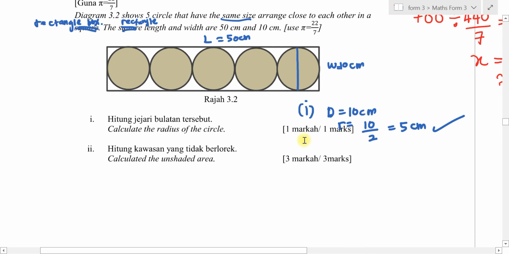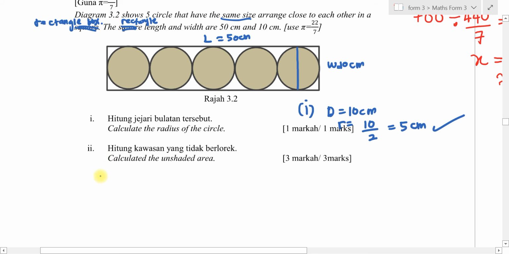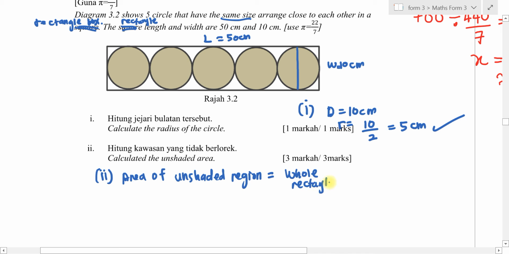And then part 2, calculate the unshaded region. Very simple this one. How do you calculate the area of the unshaded region? You take the whole rectangle area minus 5 times area of circle.